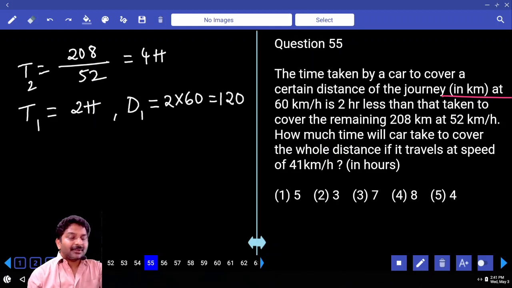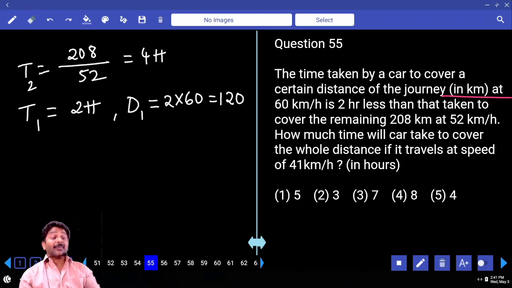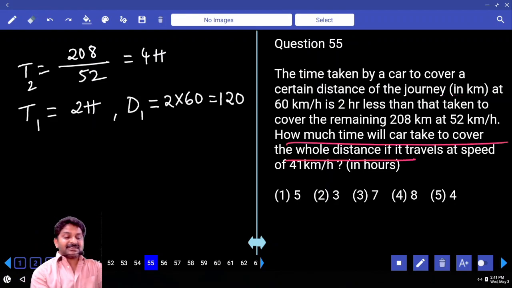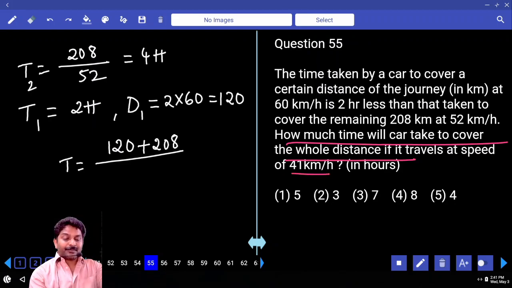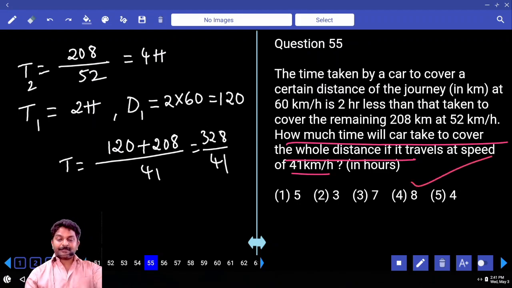What is the distance covered in the second case? 208. How much time will the car take to cover the whole distance? Whole distance in the sense, distance in the first case plus distance in the second case. That means 328 by 41. Answer: 8 hours.